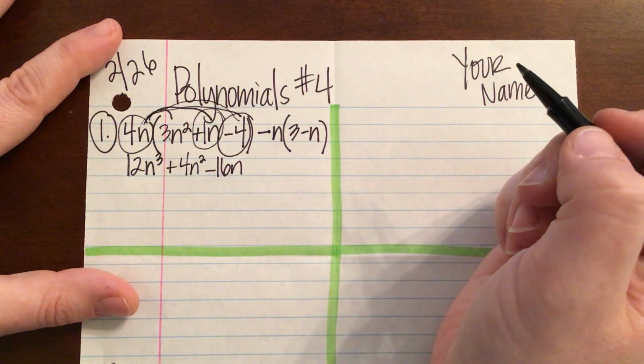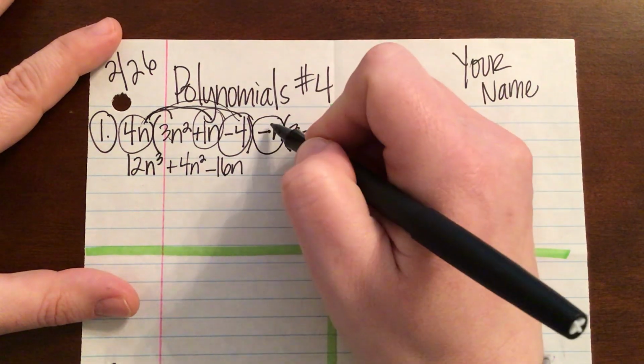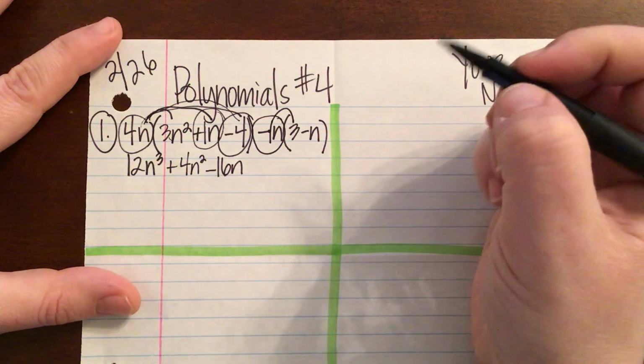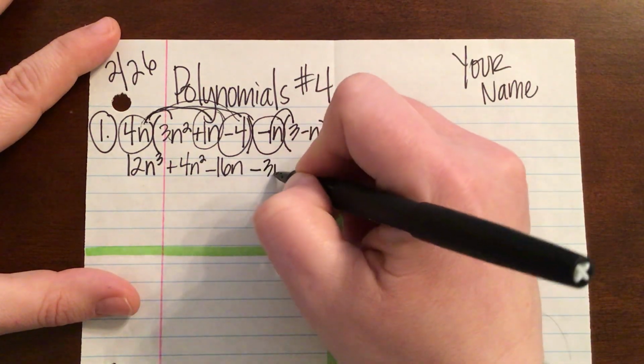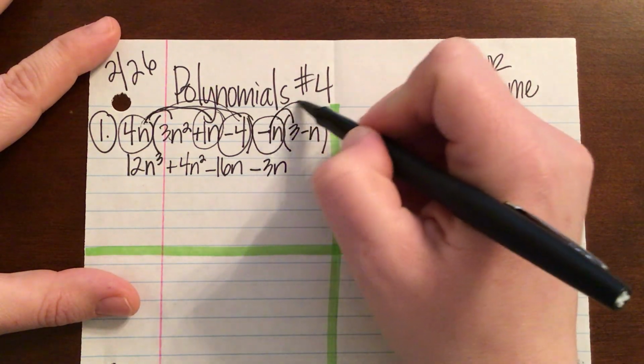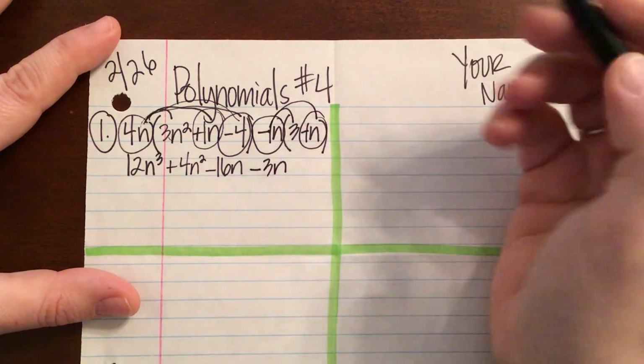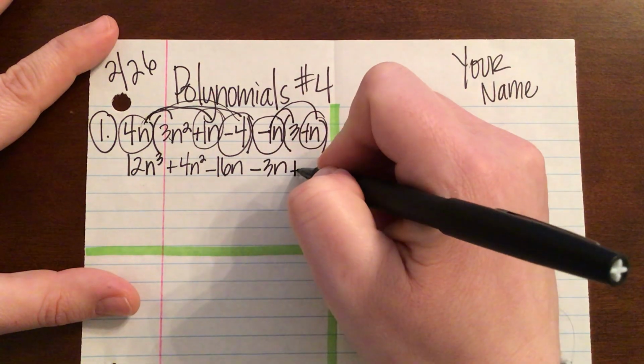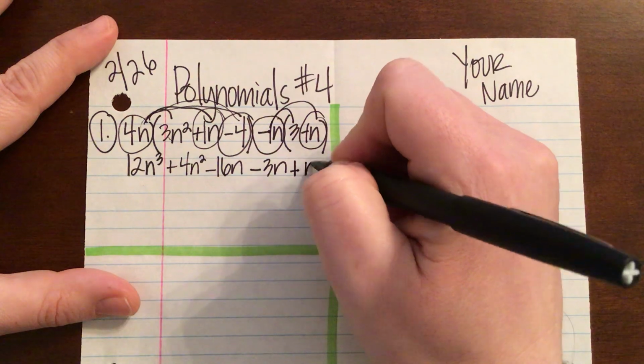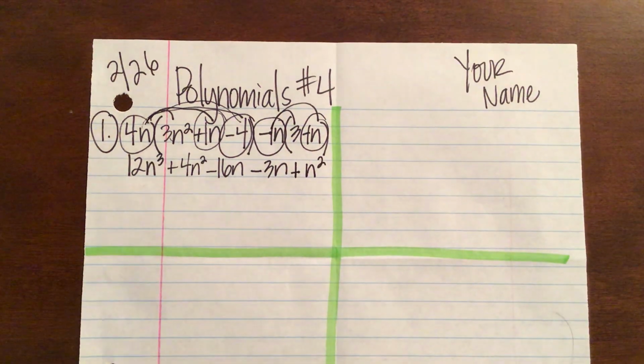I'm going to distribute again. Negative 1n times 3 is negative 3n. And negative 1n times negative 1n is positive n squared, or 1n squared.